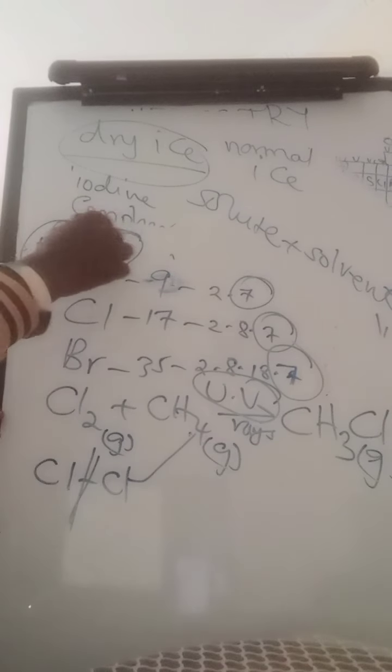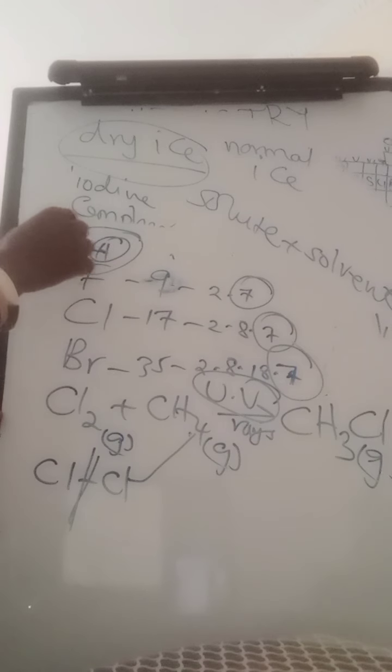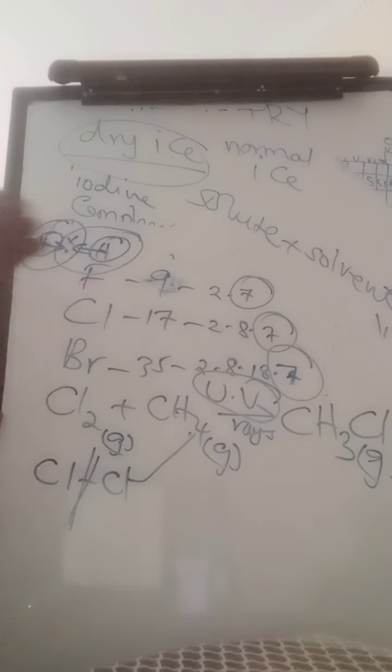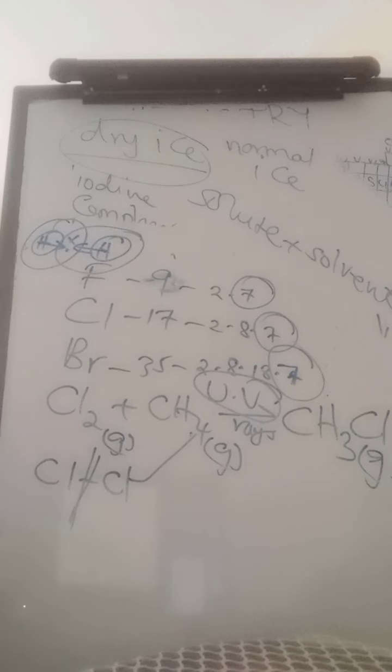The electrons are strongly attracted to the nucleus of the two atoms, isn't it? Then the attraction again between the shared pair of electrons also can constitute what we call a covalent bond. So a covalent bond can either exist between the shared pair of electrons or between the two nuclei of the two atoms which hold the electrons in position.